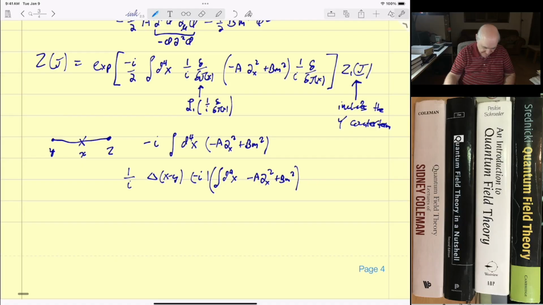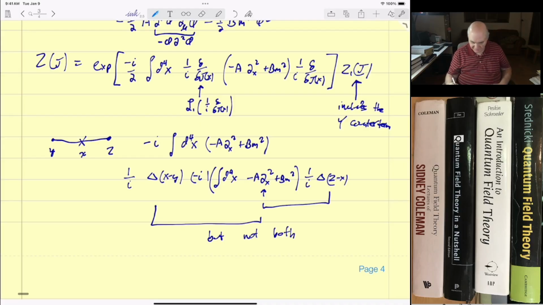And this whole thing will be followed by 1 over i delta z minus x. So this thing over here can either act on the propagator to the right, or it can act on the propagator to the left, but not both. So pick one, and you can act to the right or you can act to the left. Remember, this integration by parts for a partial squared will not introduce a minus sign when we do it twice.